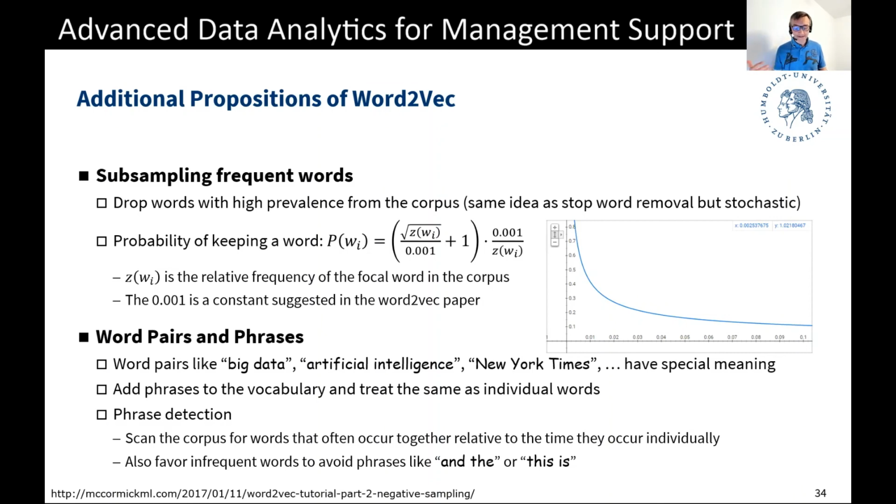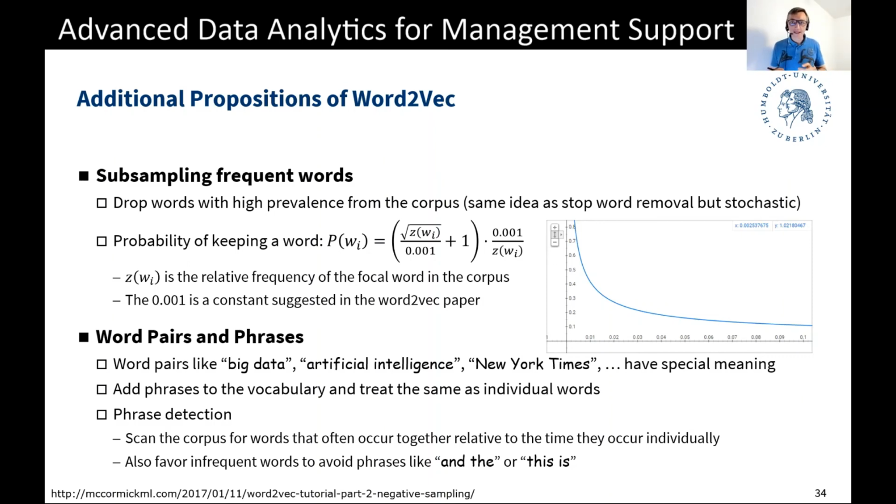And another extension, which makes sense intuitively, I believe, is that of introducing word pairs and phrases, such that terms like big data or artificial intelligence are handled properly. In vanilla word2vec, you would have a word vector for artificial and a word vector for intelligence, and then you could average these word vectors to represent artificial intelligence.